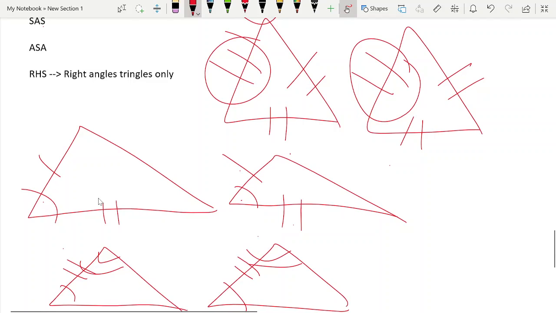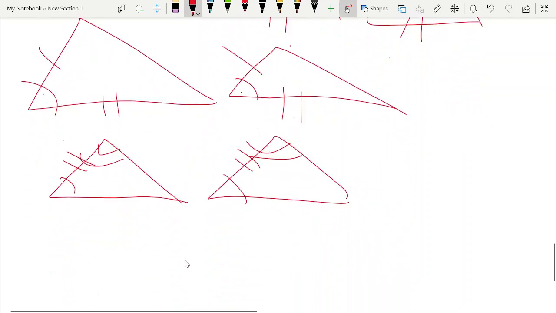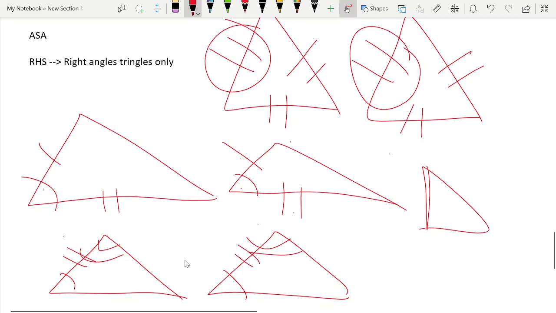RHS is for right angle triangles only. They both need to have a right angle. The hypotenuse needs to be equal, and S means that one of these sides needs to be equal to one of these. For example, if this is equal to this side, then they are congruent.